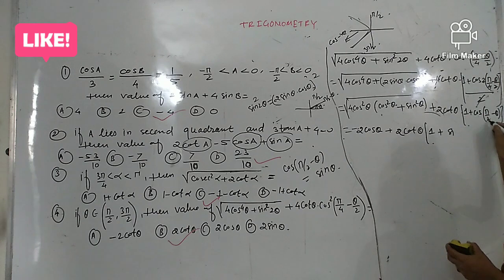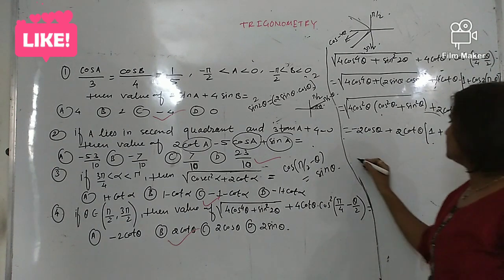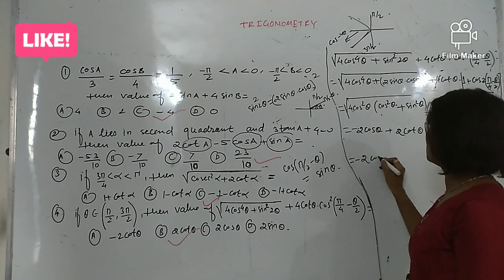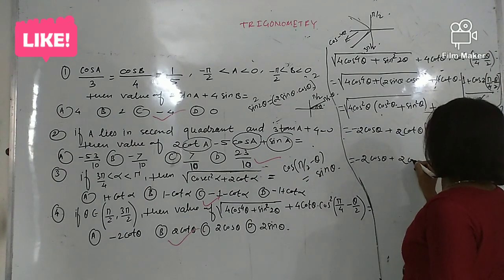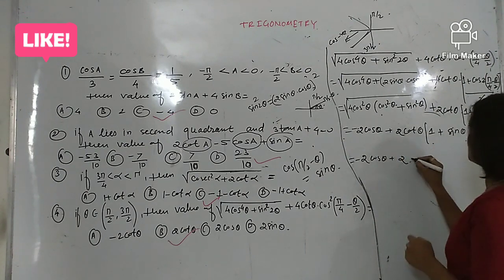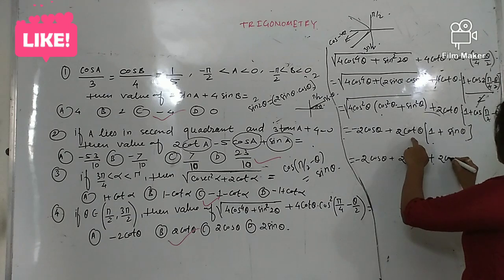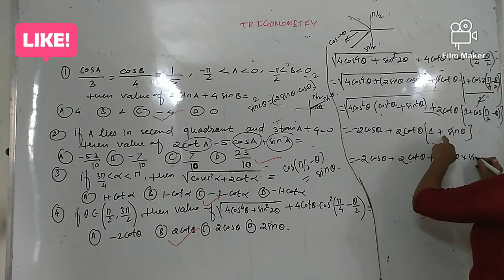So cos of pi upon 2 minus theta is sin theta. Then just simplify the expression. This minus 2 cos theta as it is, plus 2 cot theta multiplied by the bracket: 2 cot theta into 1 is 2 cot theta, plus 2 cot theta into sin theta.